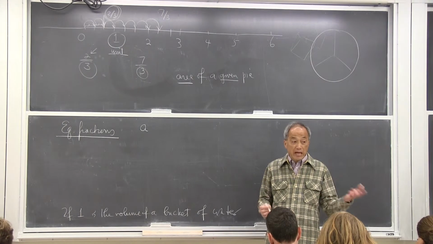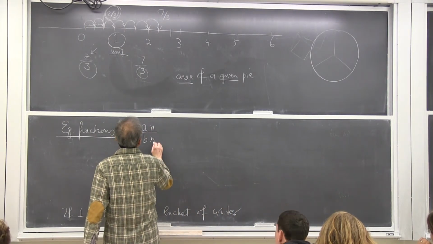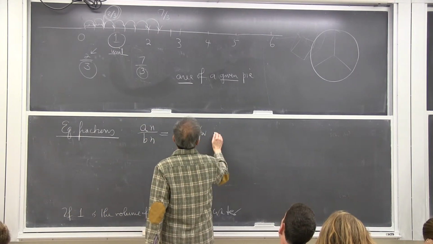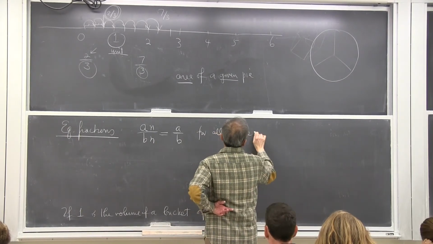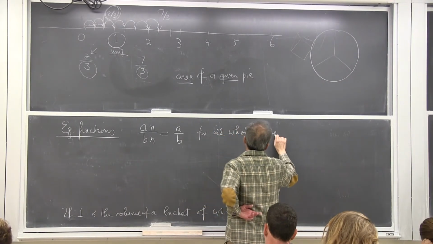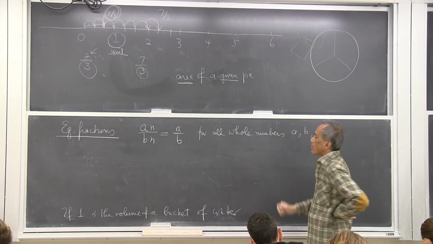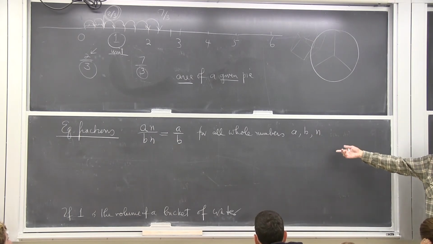I'm going to state it in the most naive form that you and I know, which is AN over BN is equal to A over B, for all whole numbers A, B, N. Of course, it's not entirely correct because 0 is a whole number.